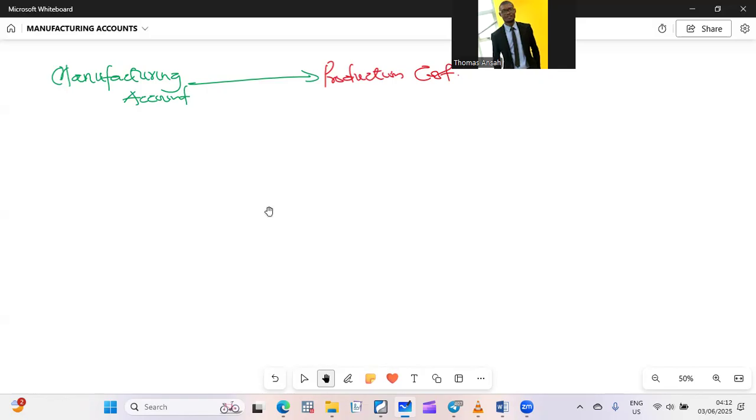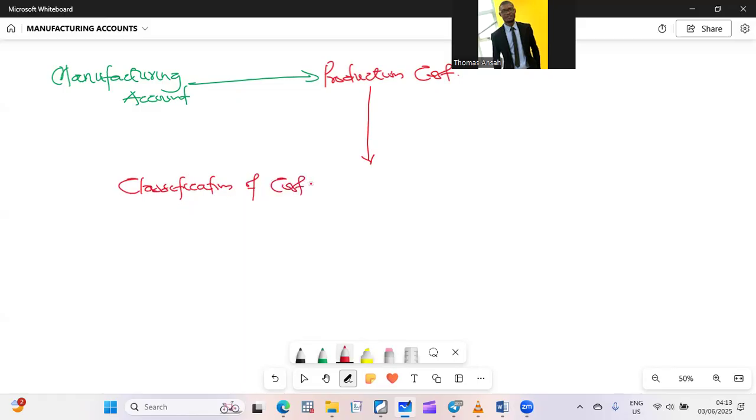So the procedure for you to go through is to do the classification of cost. In finding production cost, you need the direct materials.